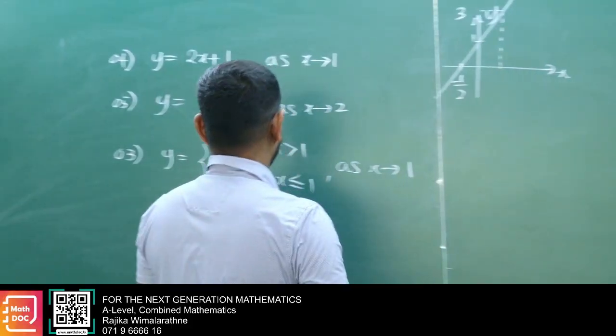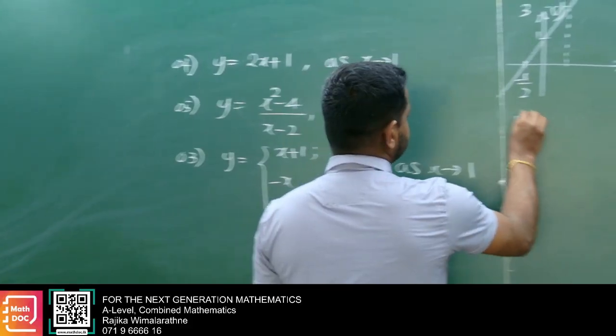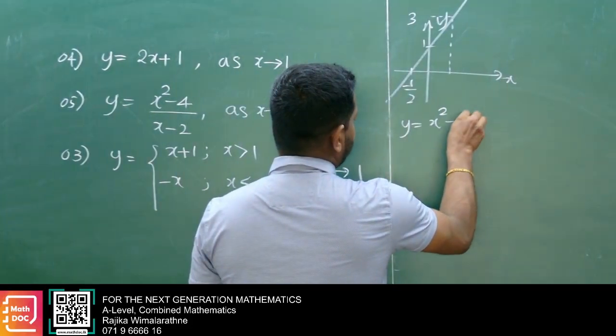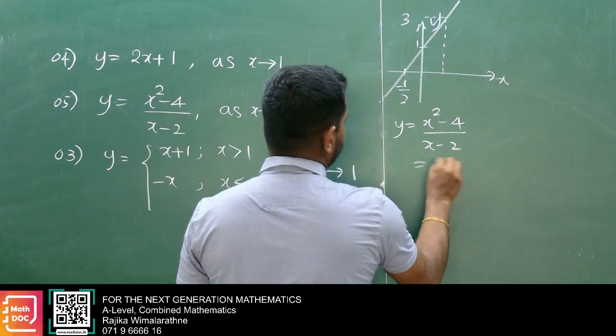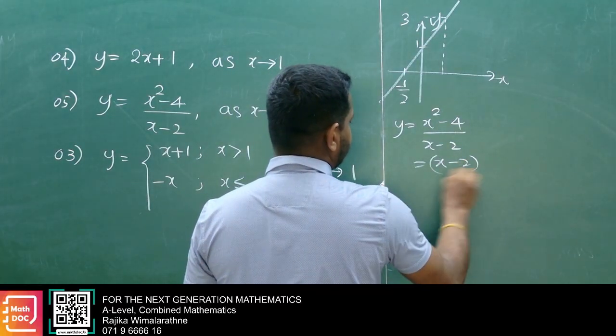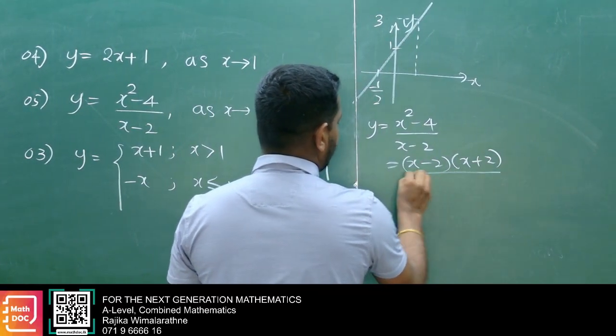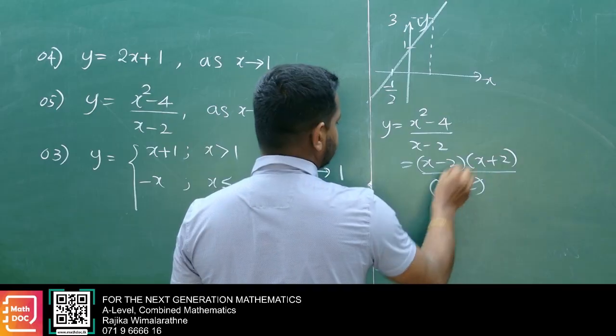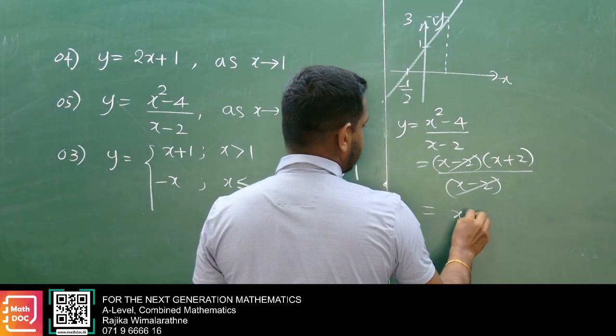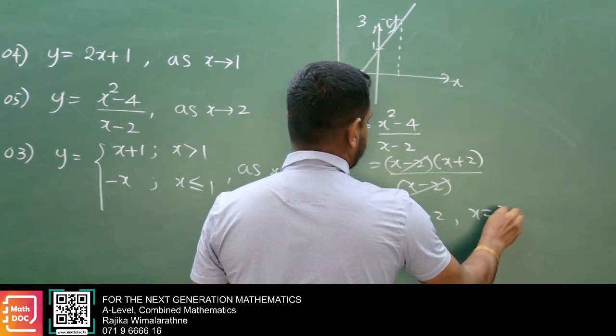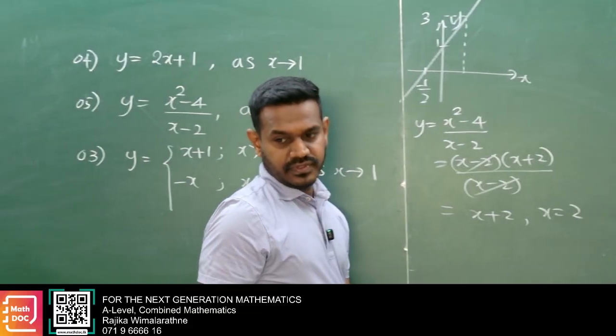Second one, y equals x squared minus 4, that is (x minus 2)(x plus 2) over x minus 2. Cancel the factor and say x is not equal to 2.